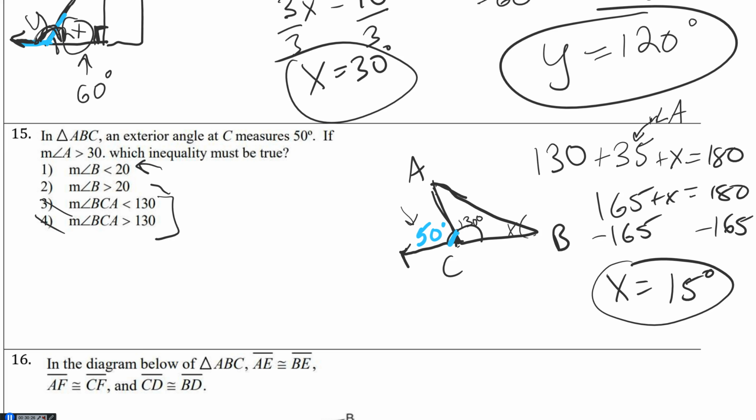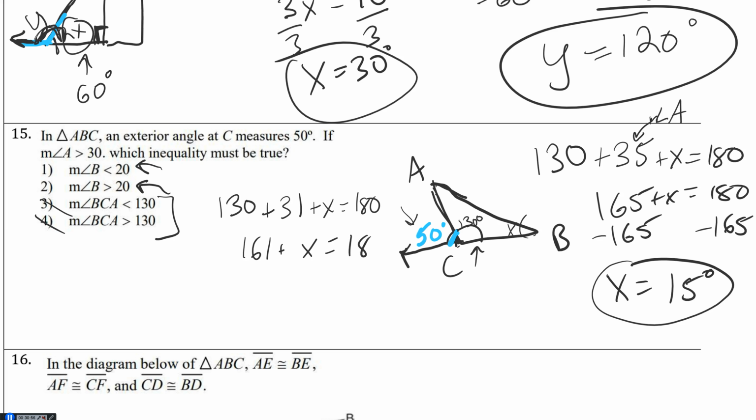Let's think about why this inequality here fails. I know I need all the angles to add up to 180 degrees. So let's say I've got the 130 degrees we already know is there. Let's say measure of angle A is 31, so even smaller, and we're still looking for angle B, with the sum equal to 180.